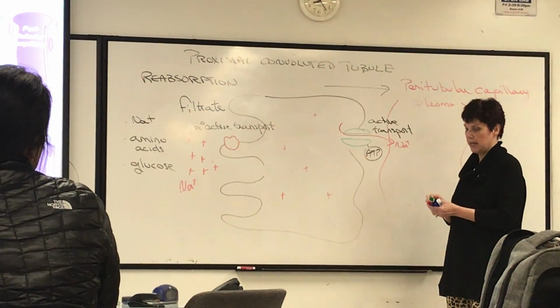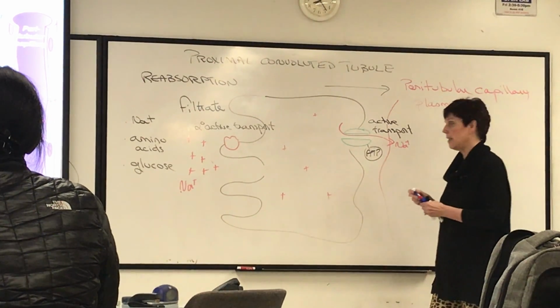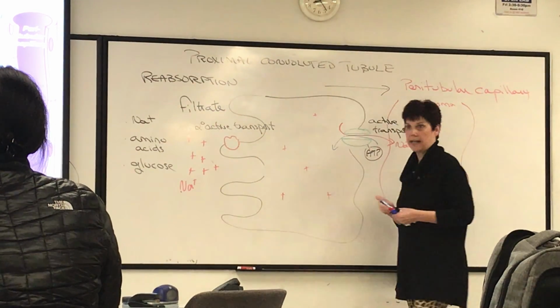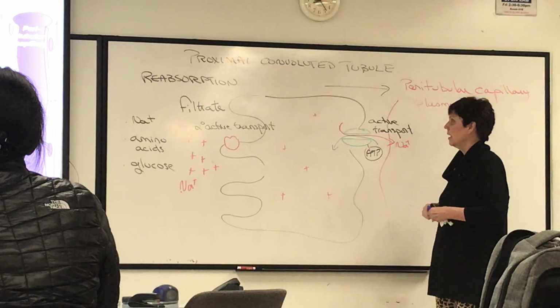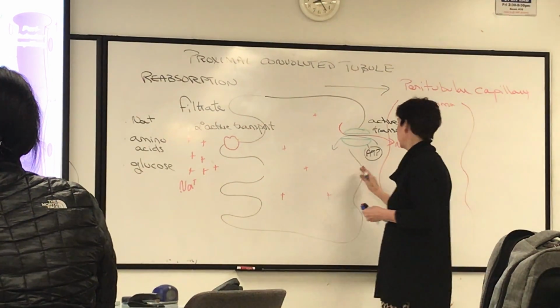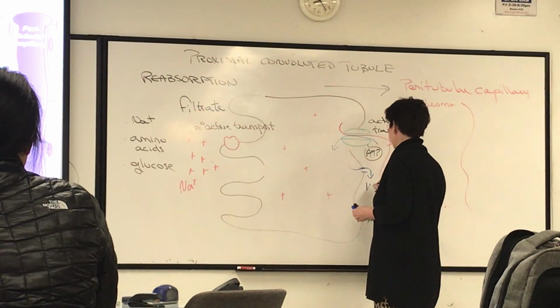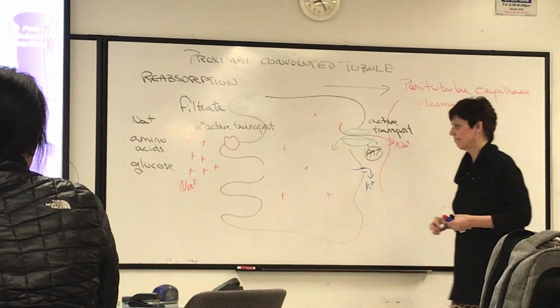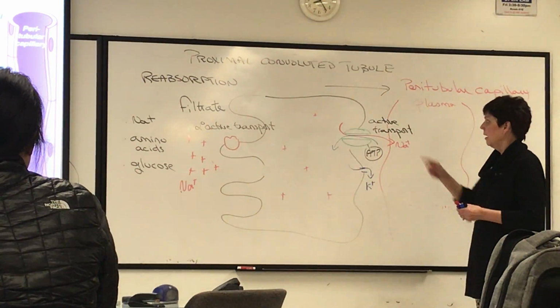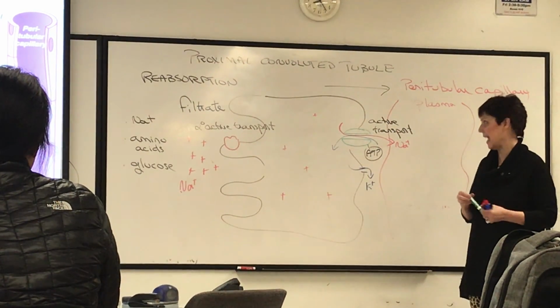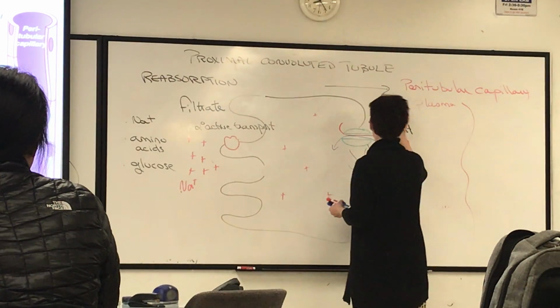At the same time, it's going to pump potassium ions from outside the cell to inside the cell. Now the potassium ions end up leaking back out again, so we're not going to worry about them anymore. Do we call this a symport or an antiport? Antiport, because they're going in opposite directions.